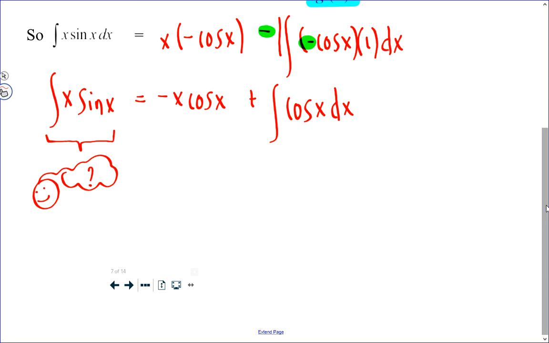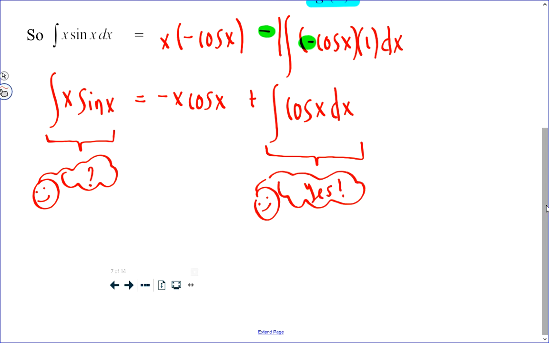You can't just turn that around in your head and say, oh, I differentiate the following to get x sine x. At least I can't, and I've never met anybody who can. But when you take a look at this integral, no problem. You can anti-differentiate cos x.